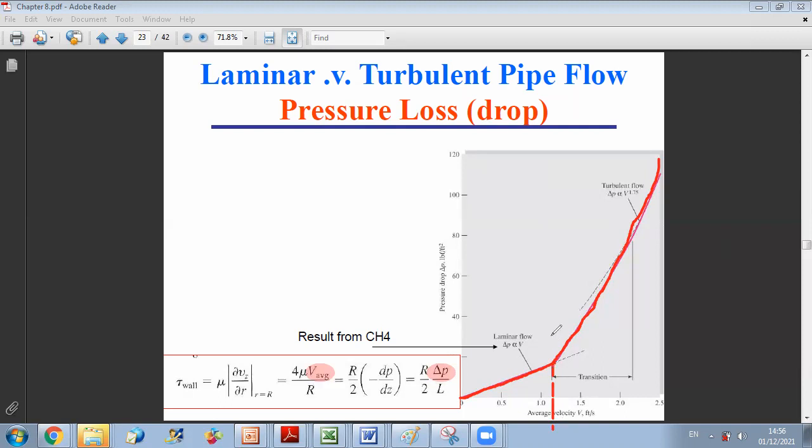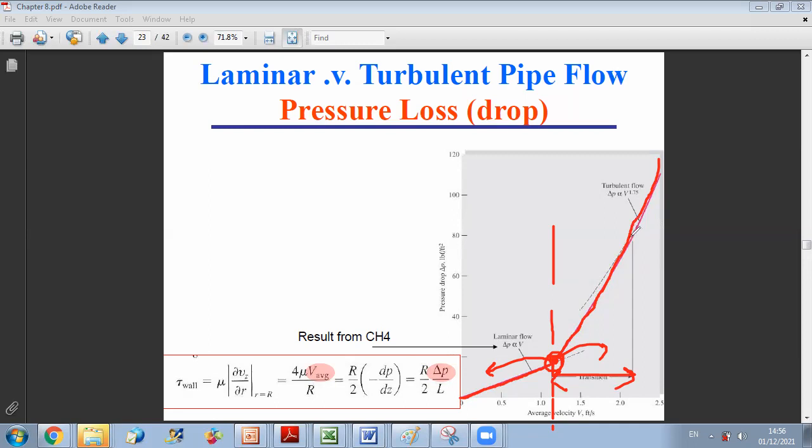From this point, you can say that the Reynolds number corresponds to transition. For smaller Reynolds, you have laminar behavior, and after this Reynolds number, you have a transition period. So we call it transition between laminar and turbulent.